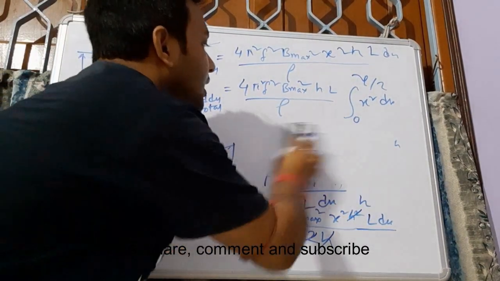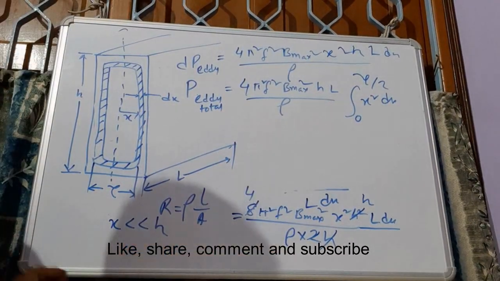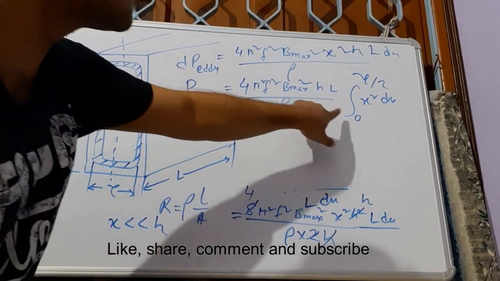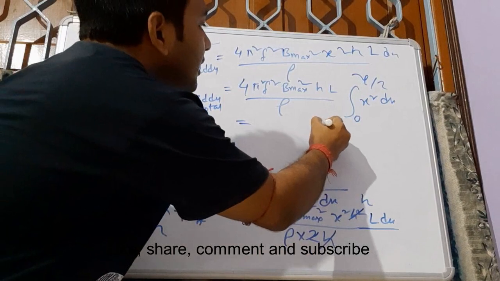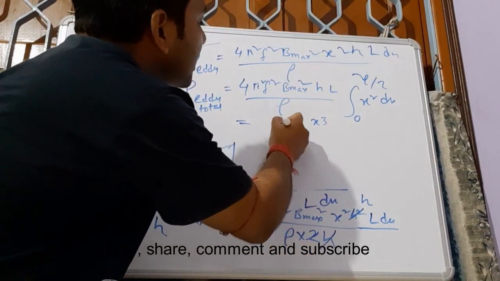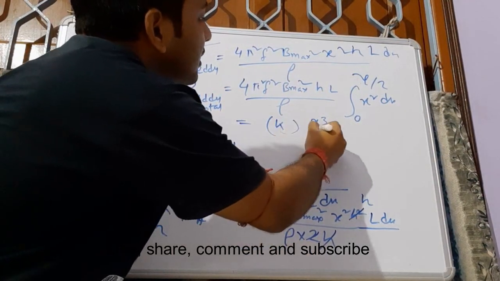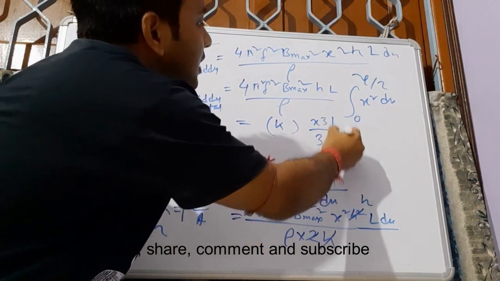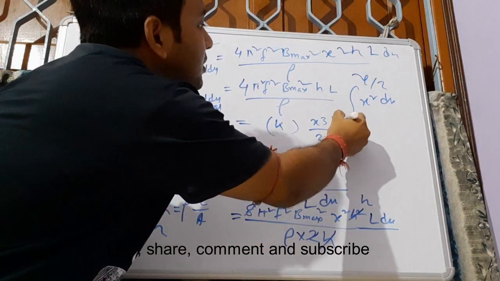Now if we calculate this, we will get x cube divided by 3, from 0 to tau by 2.